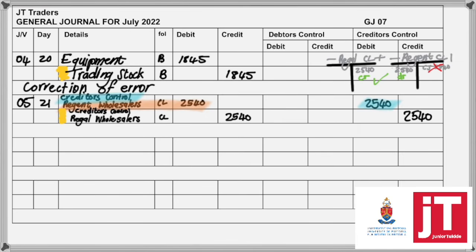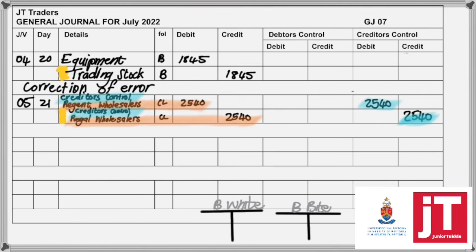And then the Regal account, we have credited there because that was the correction entry, and yet again first refer to the creditors ledger, and then second posting refer to the control account, 2,540. And our narration would have just been correction of an error again.